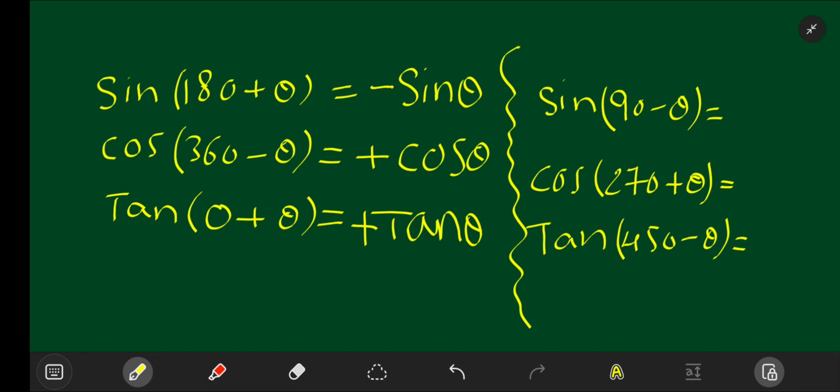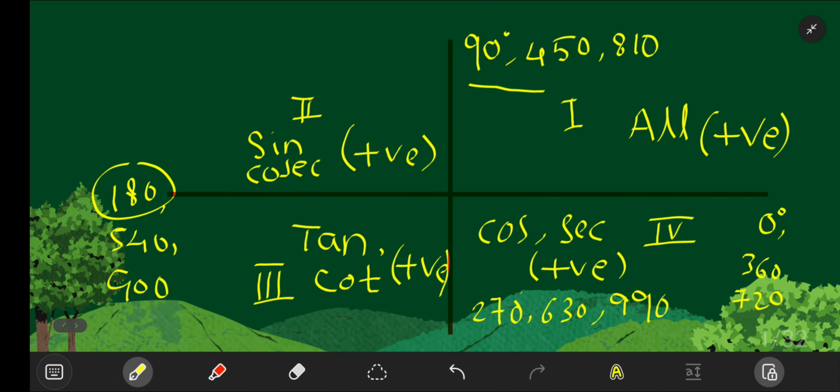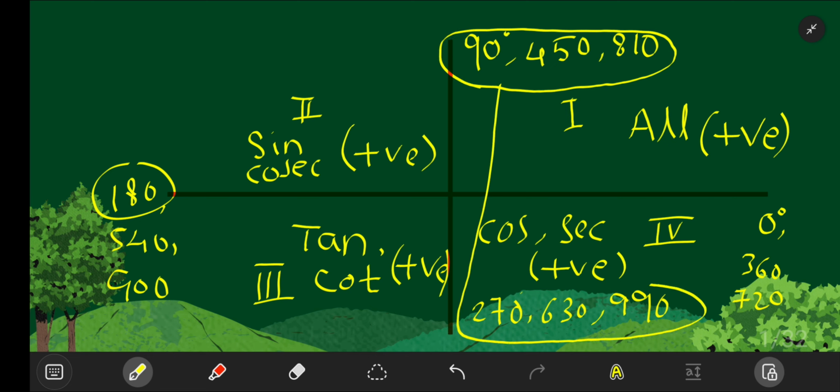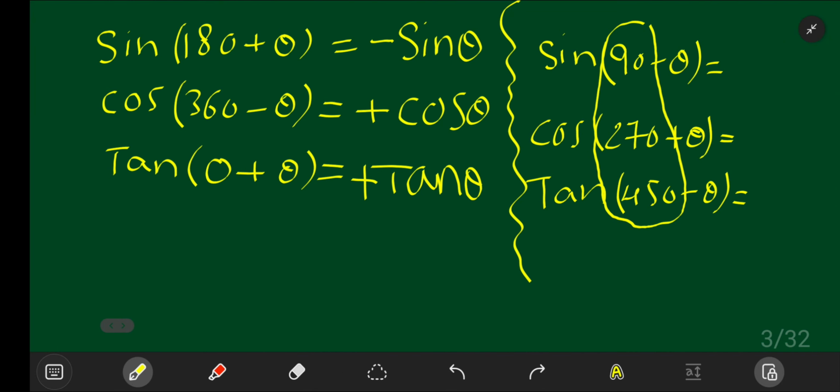Next, when theta is added or subtracted with 90 degrees, 270 degrees, 450 degrees, 630 degrees, 810 degrees, 990 degrees and so on, then there is a change in trigonometric function.